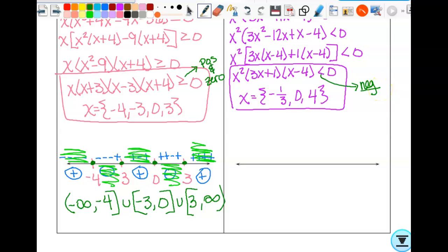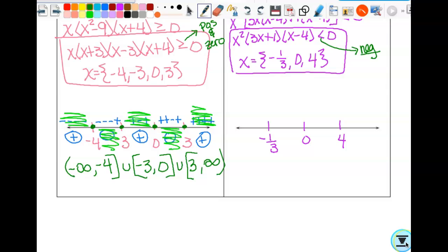This time it's not negative and 0, it's just negative. So I'm going to put my points on here. I've got negative 1/3, 0 and 4. Are my circles opened or closed? Opened, because it's just less than. So open circle, open circle, open circle.